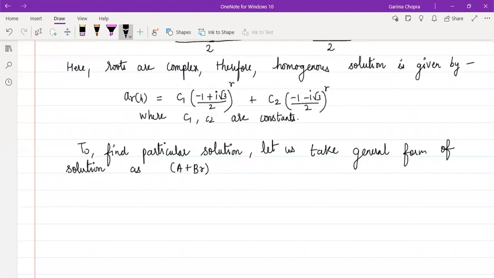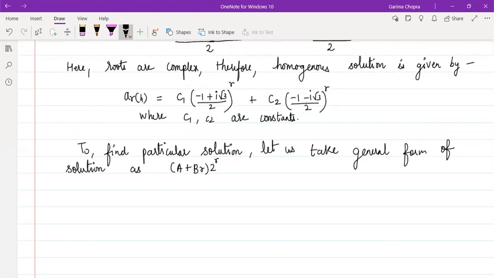This is the polynomial of degree 1, and then we have c raised to power r, which is 2 raised to power r. Here in this general form, we will not be having any power of r in multiplication in the product, because this c, which is 2, is not the root of the characteristic equation. Now we need to find out these two constants a and b.